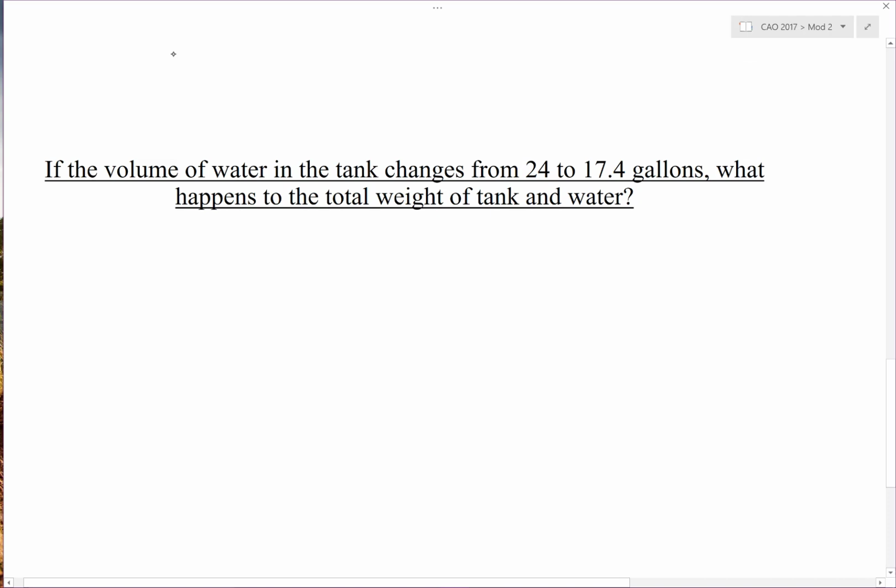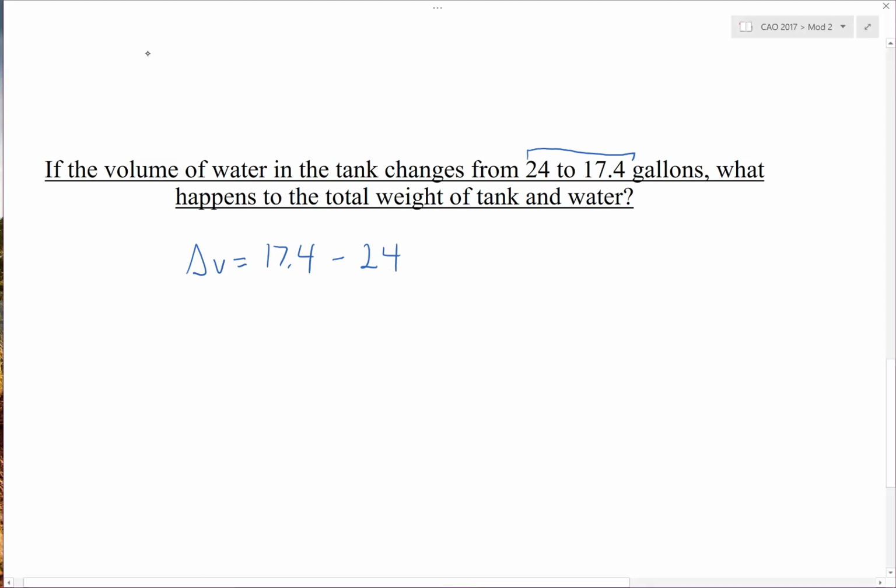Let's look at another scenario. Let's imagine that water actually drains from the tank, and the volume of water in the tank changes from 24 to 17.4 gallons. So if this happens, the change in volume of water is going to be equal to the final volume of water, 17.4, minus the initial volume of water.